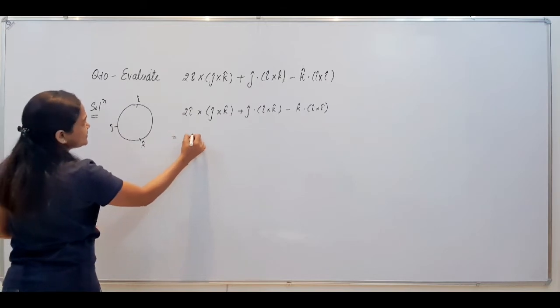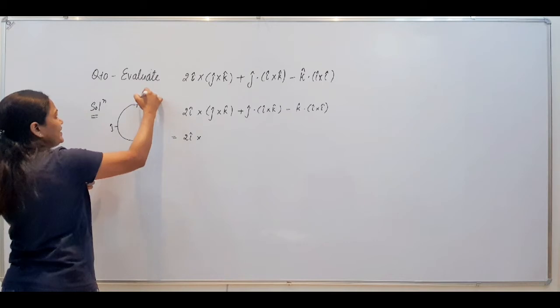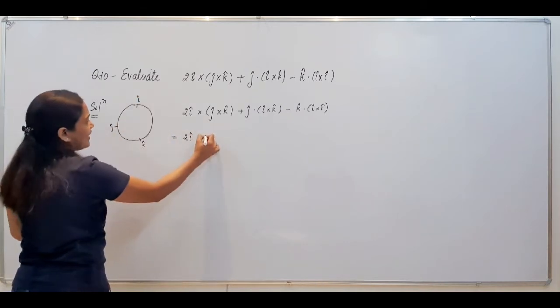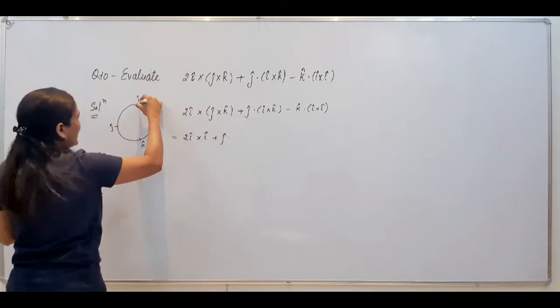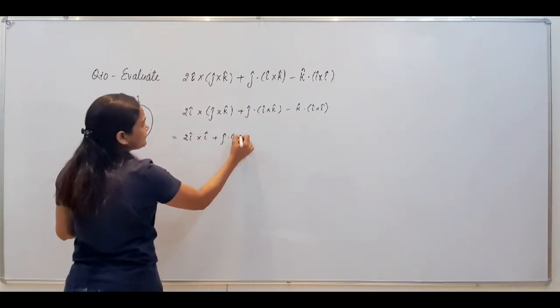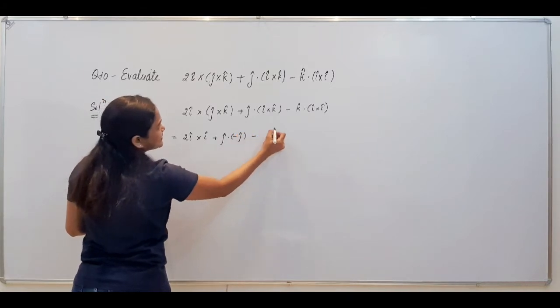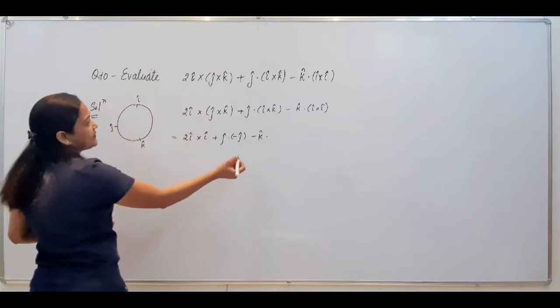Now this will be equals to, जब आप क्रॉस प्रोडक्ट लेते हैं j cross k will be i, plus j dot i cross k जब आप क्लॉकवाइज लेते हैं then it will be negative j, minus k dot i cross i will become 0.